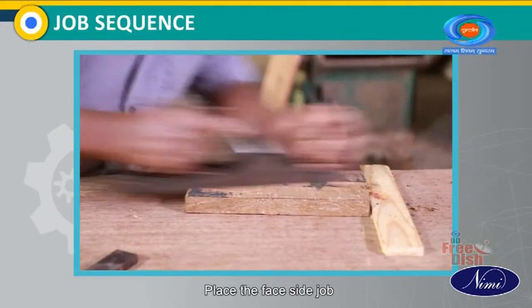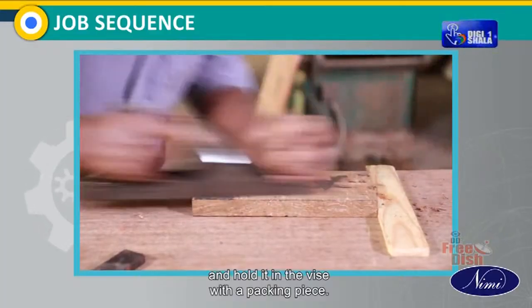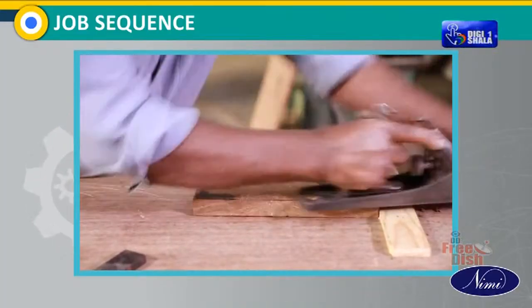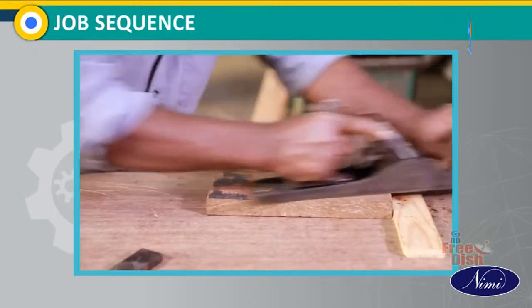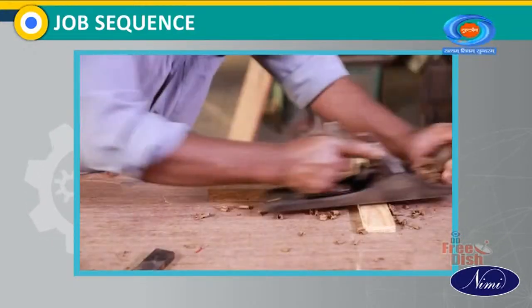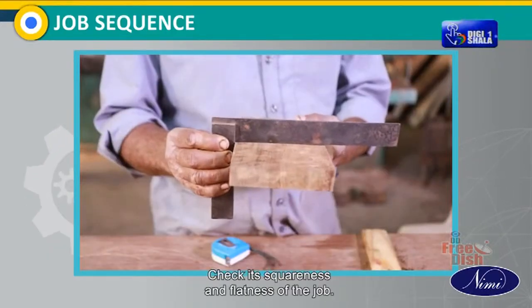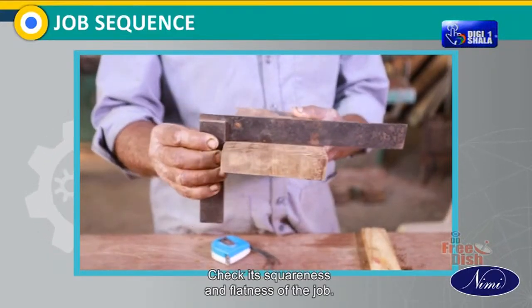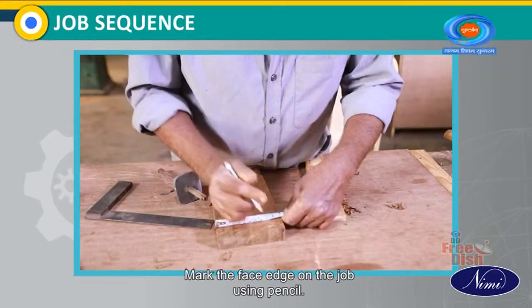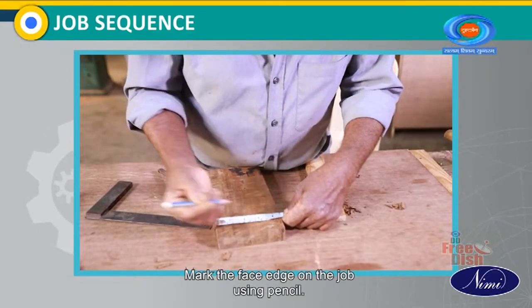Place the face edge up and hold it in the vise with a packing piece. Plane it along the face edge. Check its squareness and flatness of the job. Mark the face edge on the job using pencil.